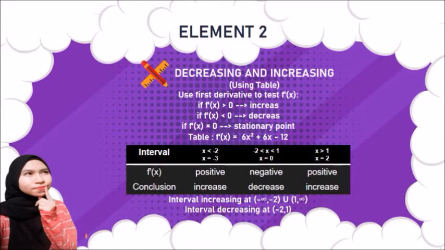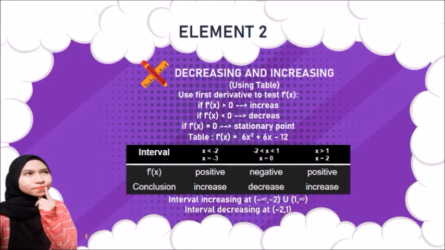So we will look at element 2, where we have to find the decreasing and increasing intervals. Here we are using the table. Use the first derivative test, f prime x. If f prime x is more than 0, it will be increasing. If f prime x is less than 0, it will be decreasing.